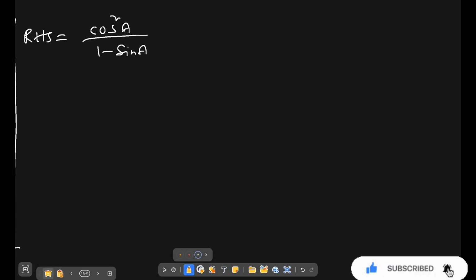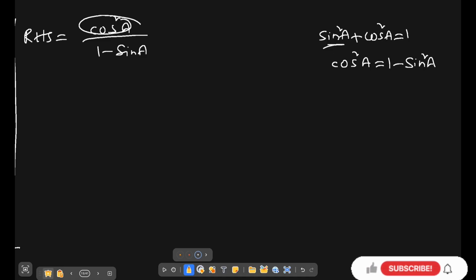What is our first trigonometric identity? Sin square A + cos square A is equal to 1. If you send sin square A to the right side, cos square A is equal to 1 - sin square A. So in place of this cos square A, we can write 1 - sin square A.